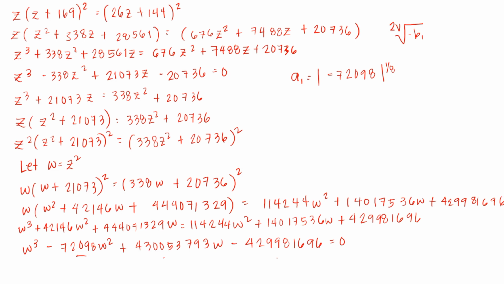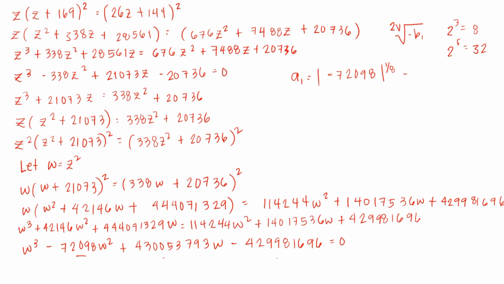So, 1 over 8, because we have repeated the process 3 times, and 2 raised to 3 is equal to 8. Now, if you have repeated the process 5 times, so you will have 2 raised to 5. So, this will be 1 over 32.